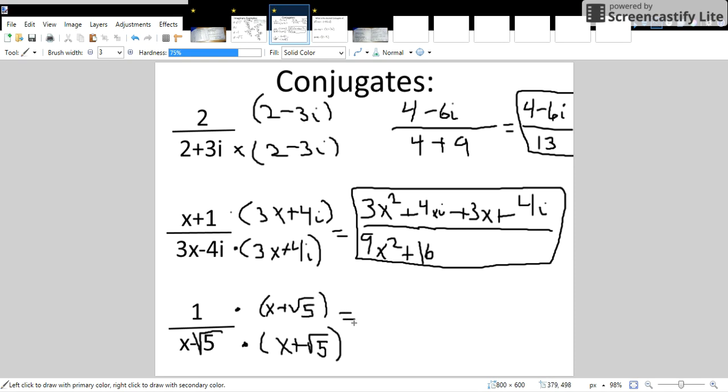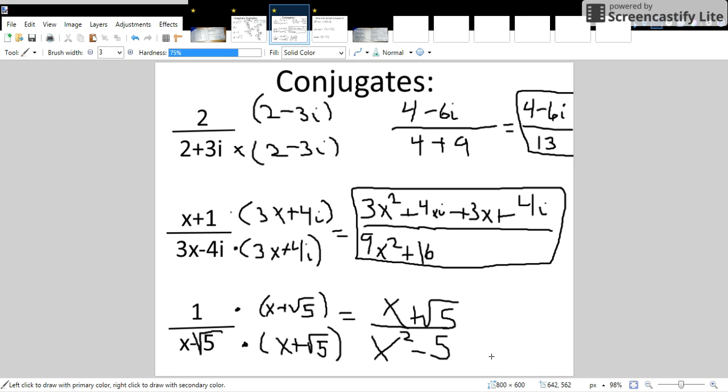And then we have x plus the square root of 5. And then remember our difference of squares this time. We have x squared minus 5.